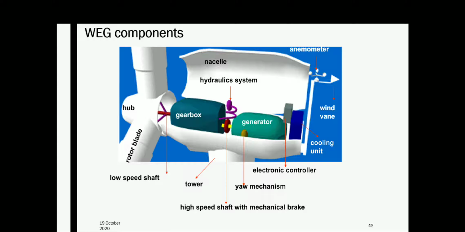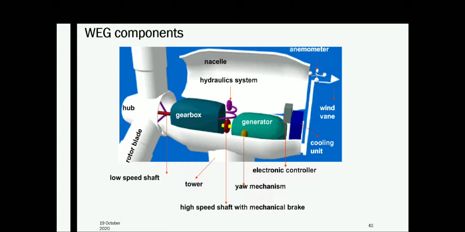You can see an anemometer here, a device for measuring the wind speed and direction. Then you can see a wind vane used here.